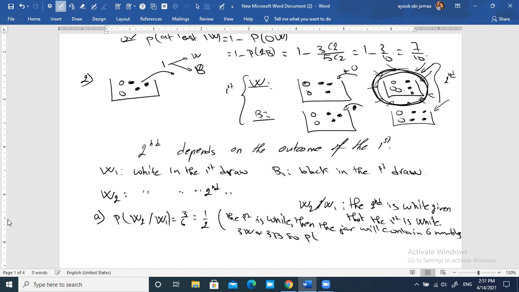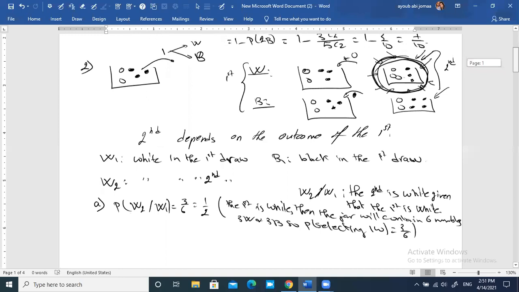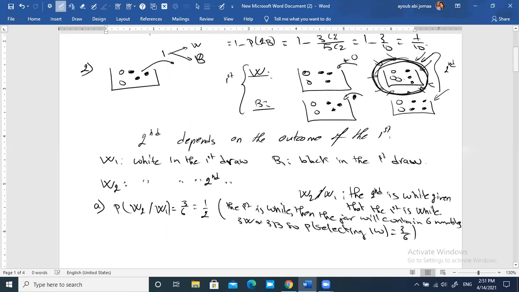So the probability of selecting 1 white will be equal to 3 over 6. Right. And what will be the probability of W2 given that B1, the first is black?